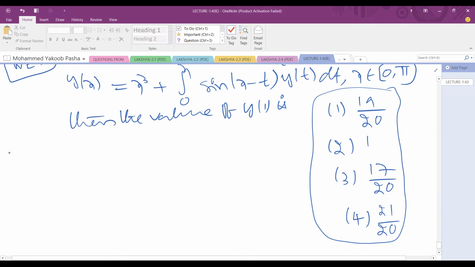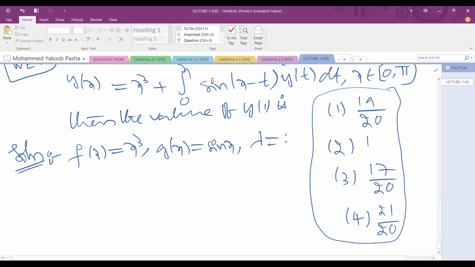So first I am writing f of x, that is x cube, and what is g of x? Sin x. Yes, we can write g of x is sin x, and lambda is equal to 1.